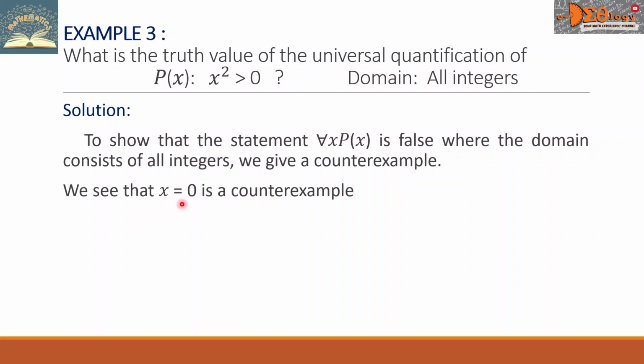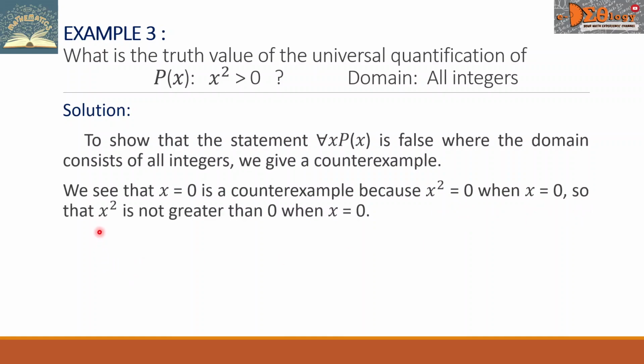We see that x equals 0 is a counterexample because x squared equals 0 when x equals 0, so that x squared is not greater than 0 when x equals 0. Therefore, for all x, p of x is false.